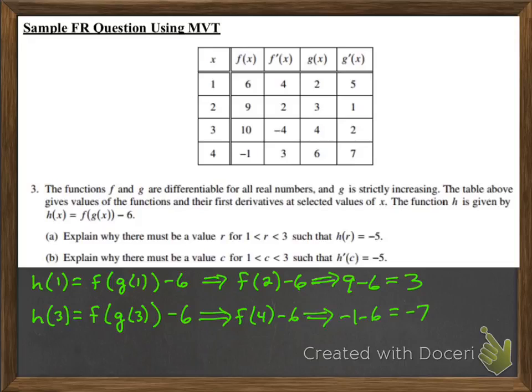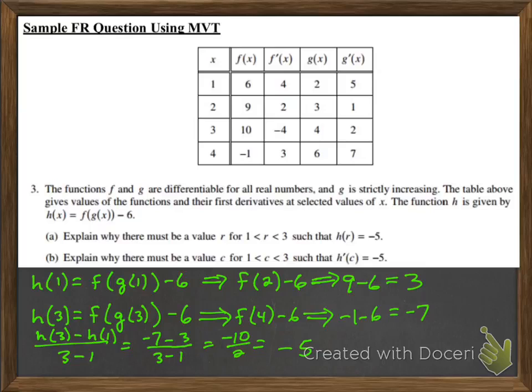All right, so now if we look at h of 3 minus h of 1 over 3 minus 1, which is just our delta y over delta x, that's going to give us -7 minus h of 1, which is 3, over 3 minus 1. Well, that's negative 10 over 2, which is negative 5.